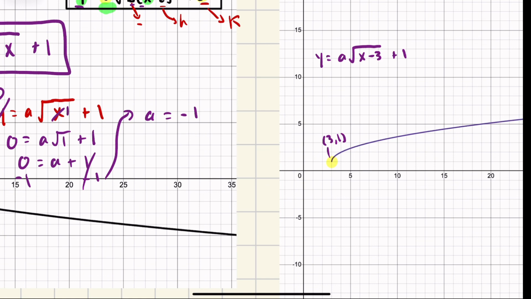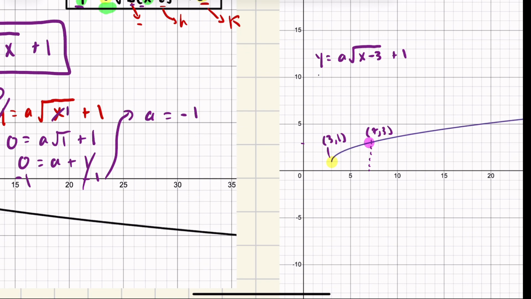And then we're going to pick another value that is easy to read and sub it in for y and x. So I'll take, let's say, this point here, and we could see that it's at 7 and about 3.